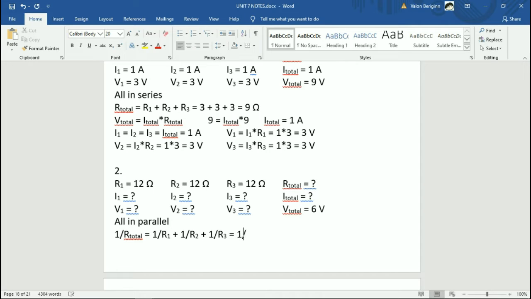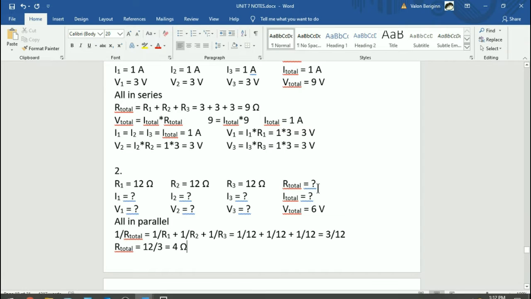So we have 1 over 12 plus 1 over 12 plus 1 over 12, which is 3/12. Therefore, 1 over our total equals 3/12, so our total is 12/3, which is 4. That's our total resistance.